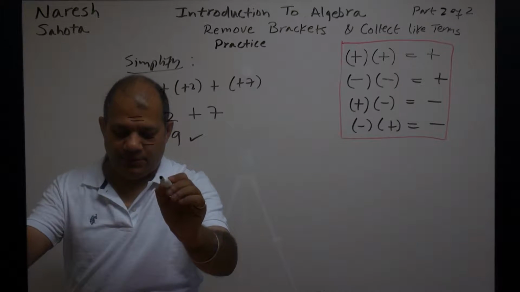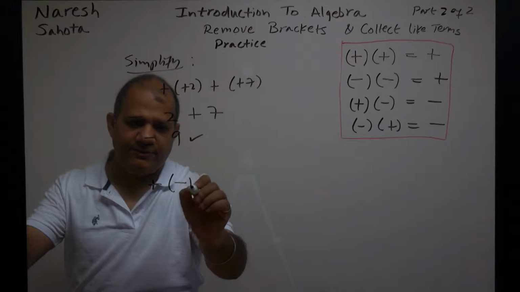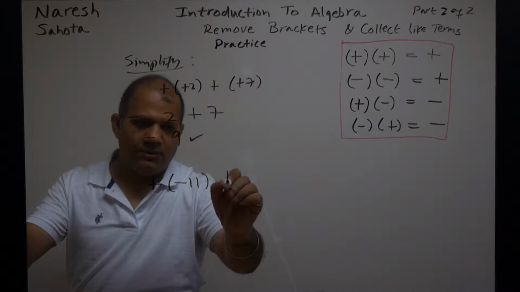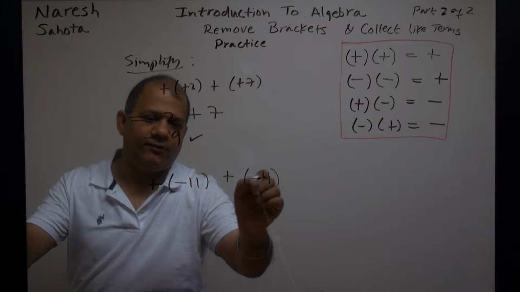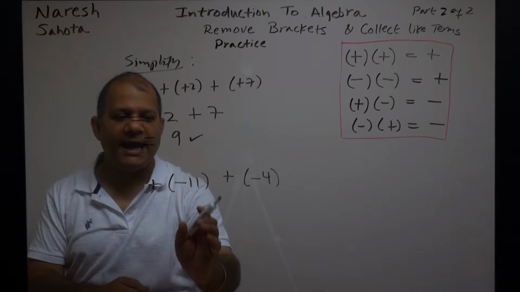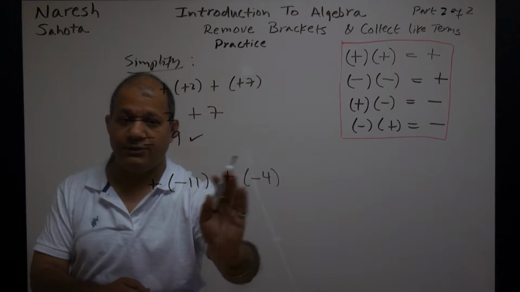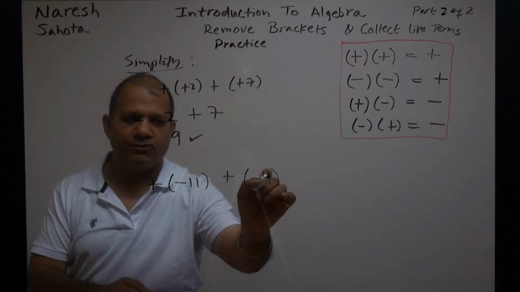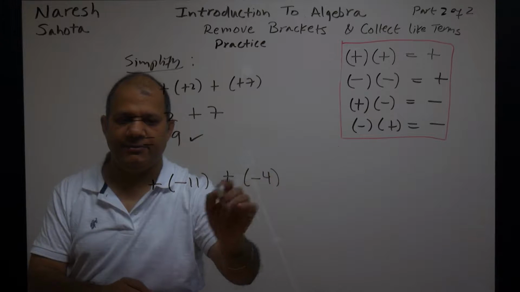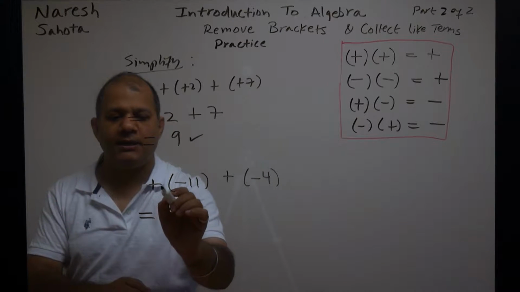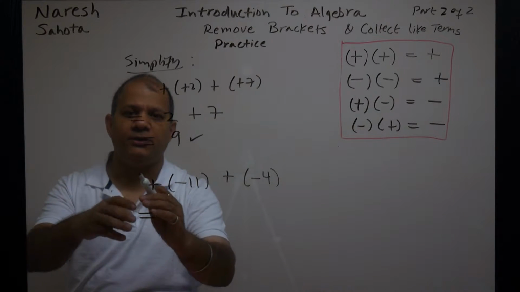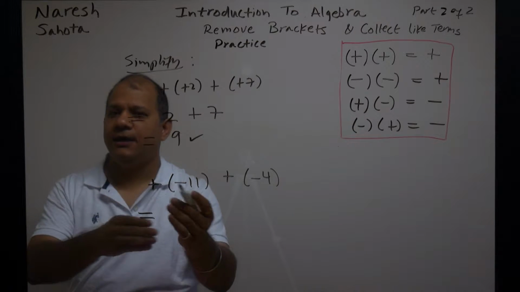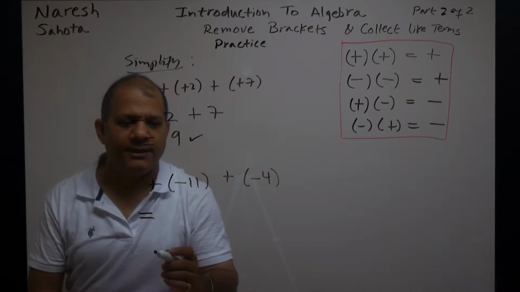Now next example, so if we have positive 1 times negative 11 plus positive 1 times negative 4. So we're combining two numbers. The first one happens to be a negative number, the second one also happens to be a negative number. Before we can combine, we want to remove brackets and remove the excess signs, and then we can combine them.